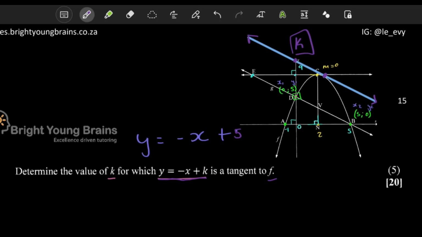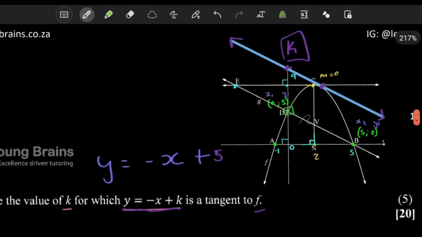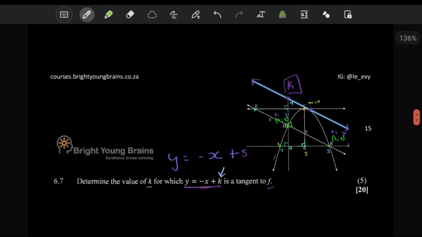The wording is just a bit awkward, but if you think of it nicely, you just need to get the equation of a tangent to this curve that has a gradient of -1, and whatever that equation is, its y-intercept is going to be your value of k.